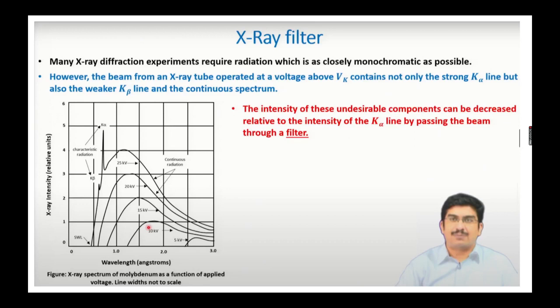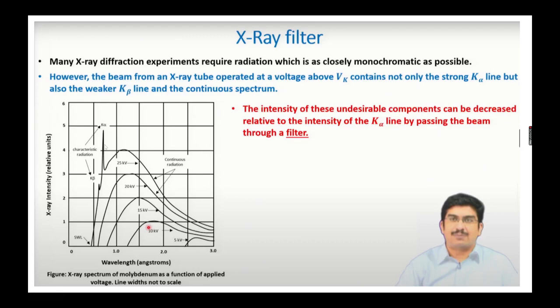The intensity of this undesirable component can be decreased relative to the intensity of the K alpha line when we pass the beam through the filter. So we don't want K beta, we only want K alpha. Why? Because we want X-rays as monochromatic as possible, since X-ray diffraction experiments require radiation that is closely monochromatic.